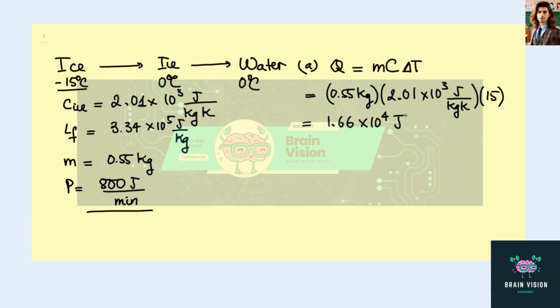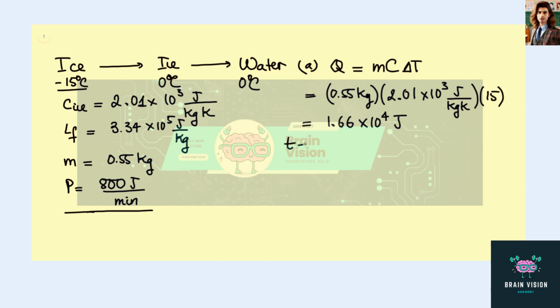And so now we have the amount of energy that it takes to heat the ice up from negative 15 degrees Celsius to 0. We know that the power delivered, which is the rate of energy supply, is 800 joules per minute, so we can simply take this amount of energy divided by the power, and you will get the time.